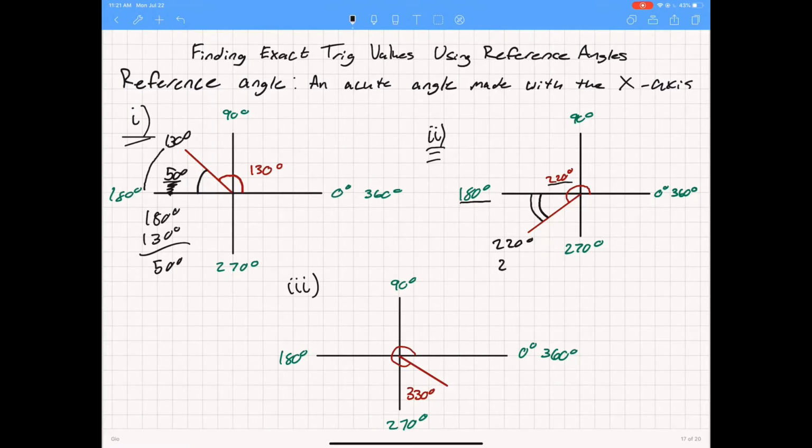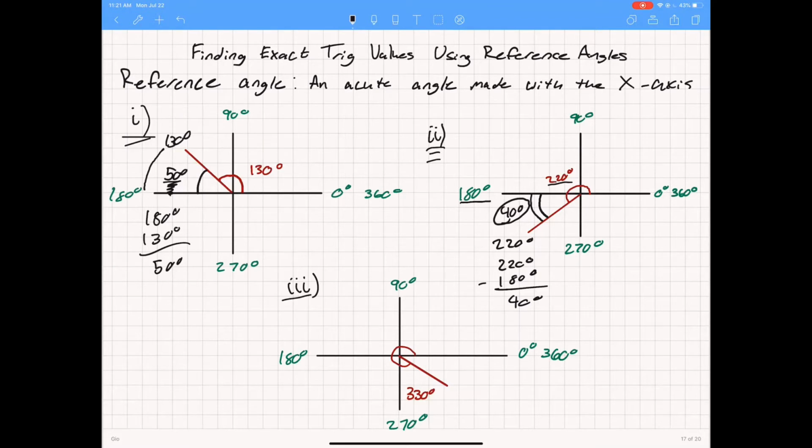So 220 minus 180 gives us 40 degrees. The measure of this acute angle is 40 degrees, and this would be our reference angle to 220 degrees.